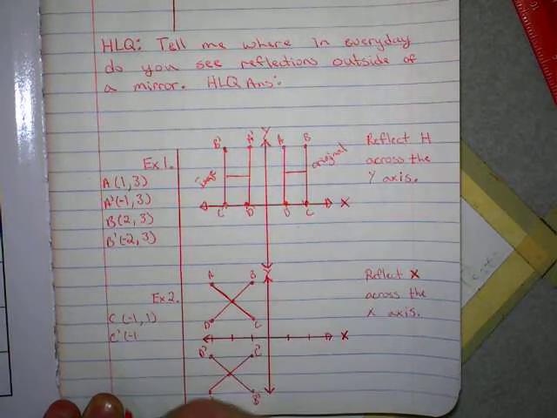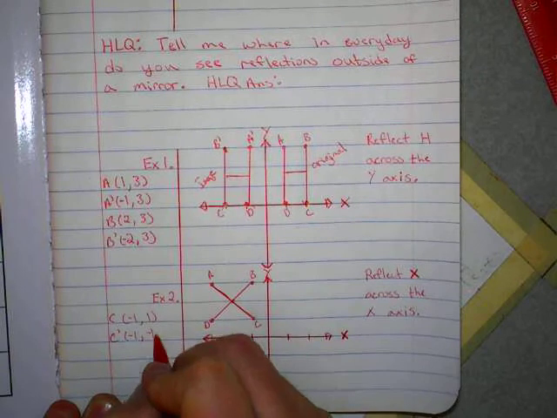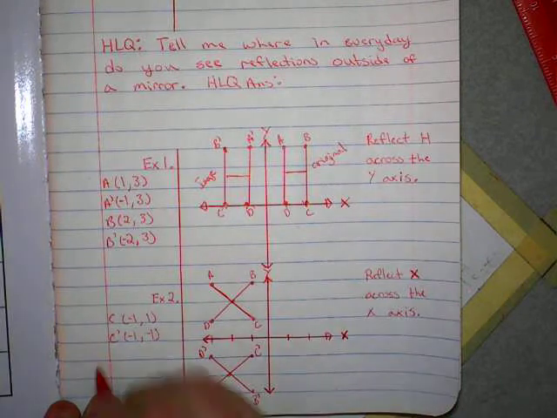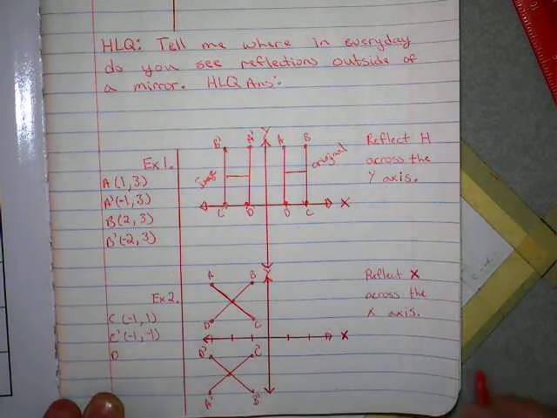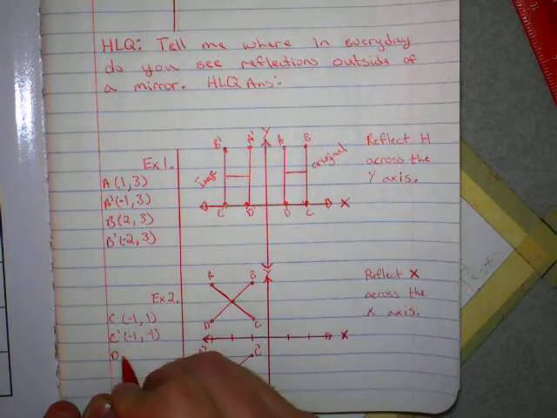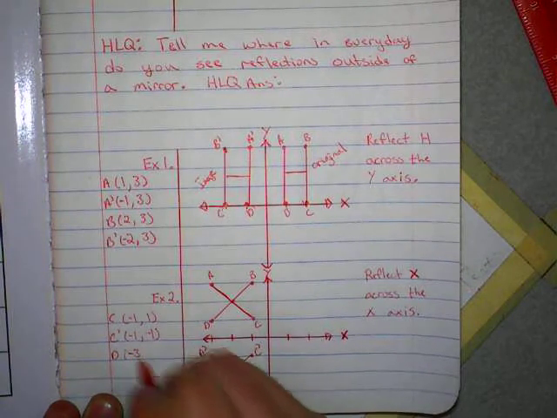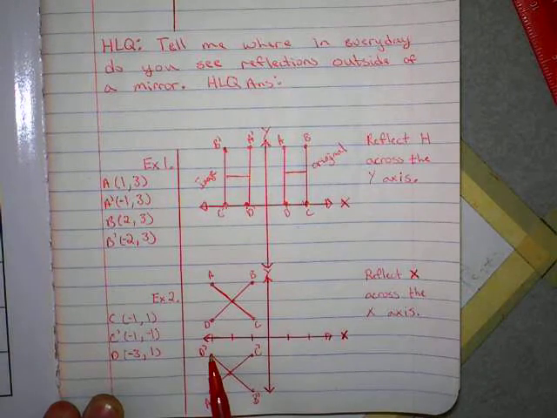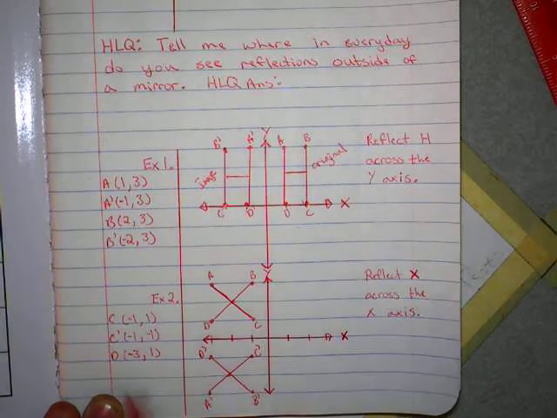So I've got negative 1 x, negative 1 y. Okay, let's move on to D. D, originally I'm at negative 3, positive 1. D prime, now I'm at negative 3 and negative 1.